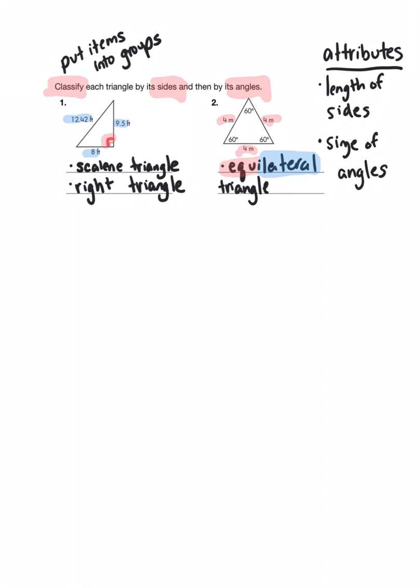Okay, similarly, I can see that the angle measure is the same for each of these acute angles. So we have 3 acute angles, making it an acute triangle.